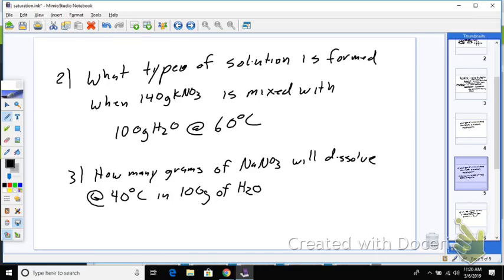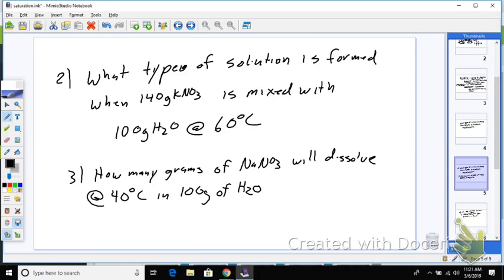So you guys would put supersaturated, but based upon the question, it would not be supersaturated. Because what do you have to assume to know it's supersaturated? Okay? The way it's saying, I'm going to take 140 grams of this and put it in 100 grams of water at 60 degrees.